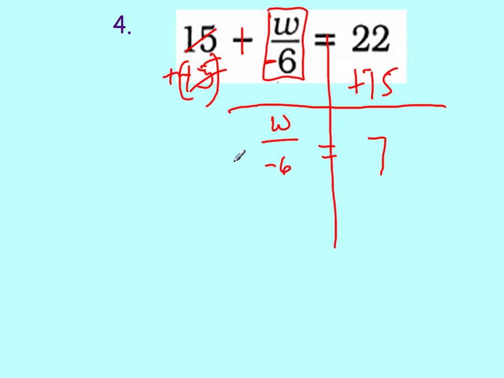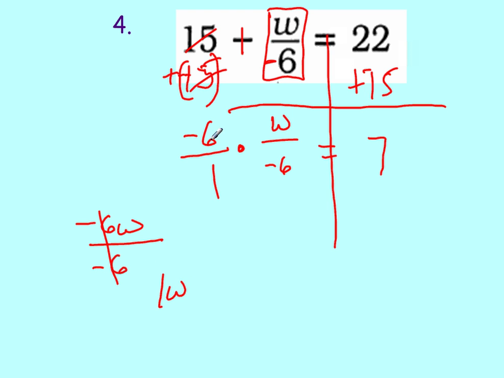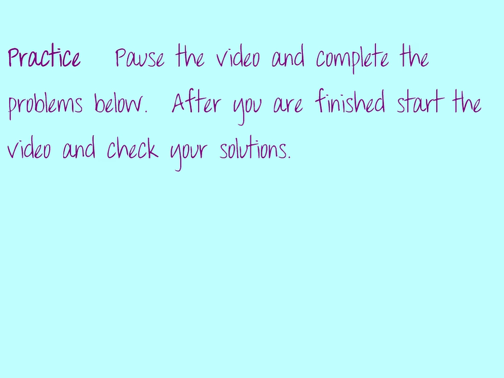Just like the problem before this, we're going to multiply by negative 6 over 1, which will give us negative 6w over negative 6, which these cancel each other out. We're left with 1w. So these cancel out. We're left with just w is equal to, and then over here, we've got to multiply by negative 6. So 7 times negative 6 is negative 42.